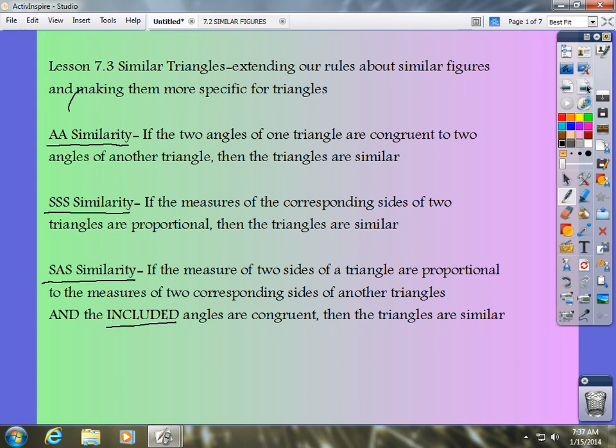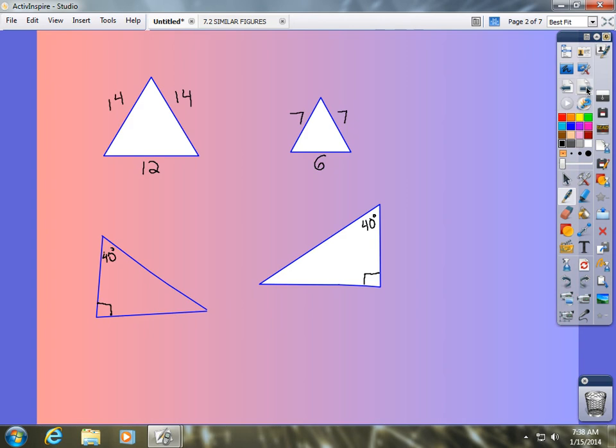Let's take a look at an example here. We have these two triangles up here, and if we set up a proportion of their corresponding sides, we have 14 over 7, which should equal 14 over 7, which should also equal 12 over 6. If we reduce them all, we get the ratio of 2 to 1.